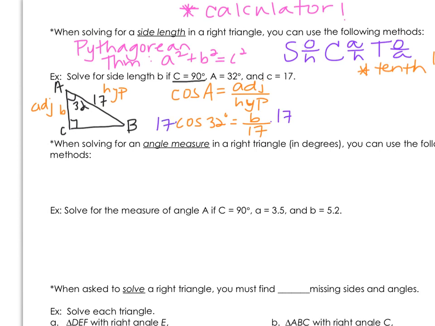And then your goal is to isolate your variable first and then plug in everything at once on your calculator. Notice B is by itself on that right-hand side. That means we can take 17 times cosine 32 all at once on the right-hand side. Go ahead and type that in and make sure that you get an answer that's approximately 14.4 to the nearest tenth.